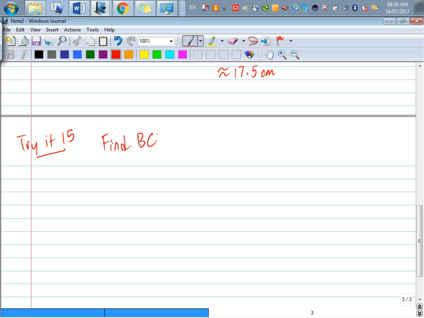And of course, you are going to be applying the formula found on page 63, your cosine rule. It will be helpful to sketch it out.